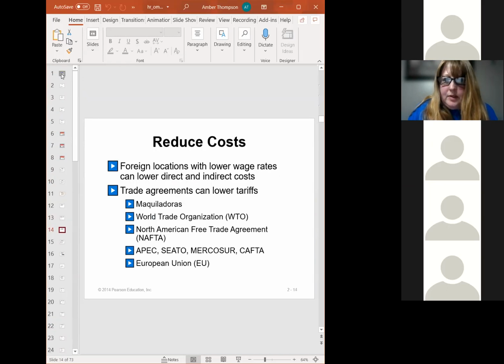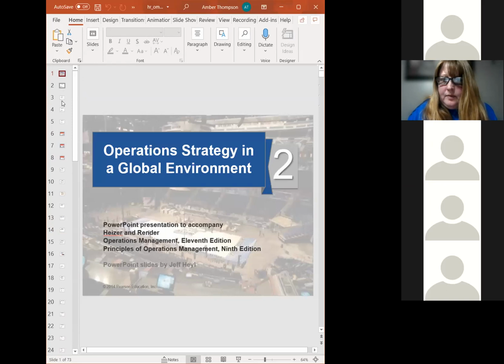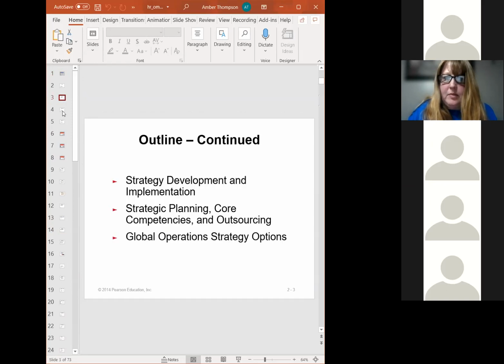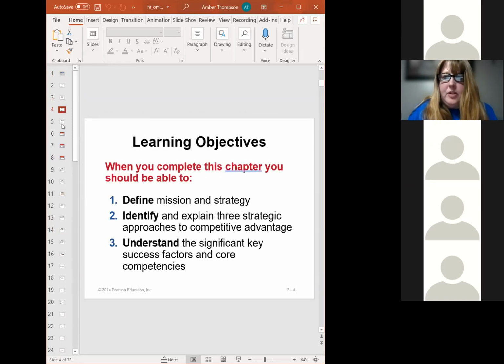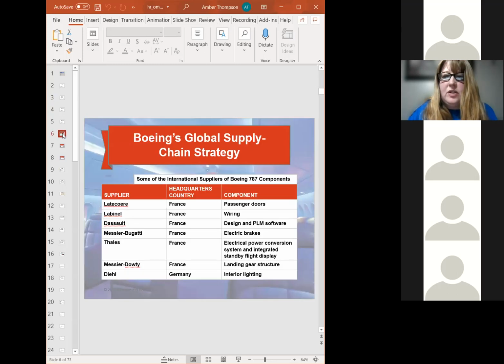It'll come up here in a second. But there's 10 different factors that it uses to really go through logistics and the operations management side of things.